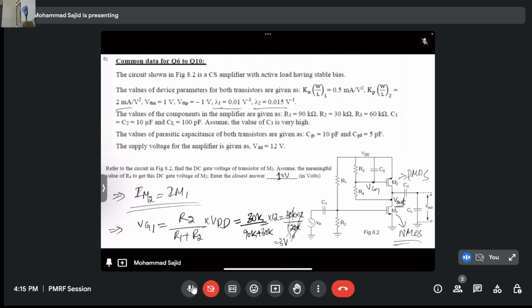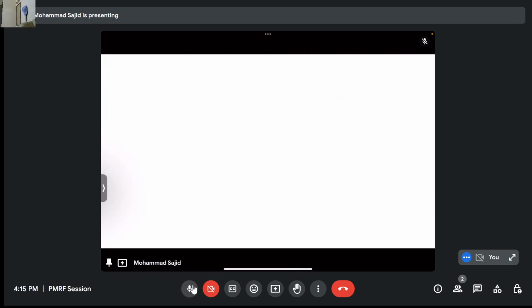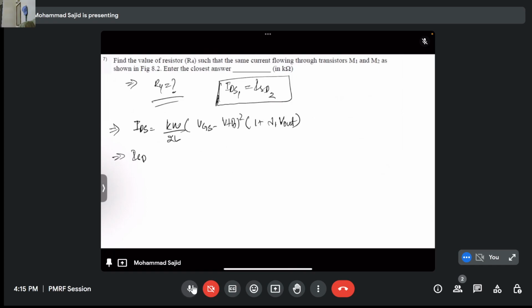So VDS for this transistor is V out, right? And it will be equivalent to ISD, that is again given by K by 2L times VSG minus VTHP whole square.